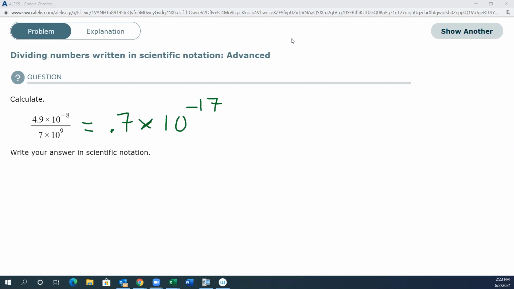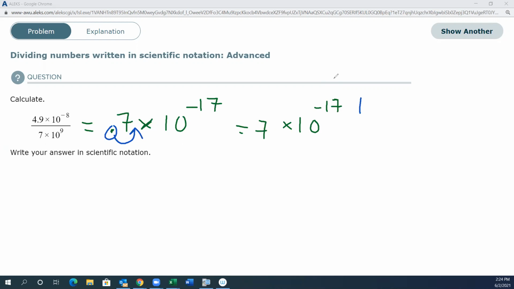Okay, but my answer is not in scientific notation because 0.7 is not between 1 and 10. So I have to take that decimal point and move it, in this case, to the right, so that I end up with a number between 1 and 10. So that'll give me 7 times 10 to the -17th. And we went one decimal place. And we took 0.7, made it bigger.